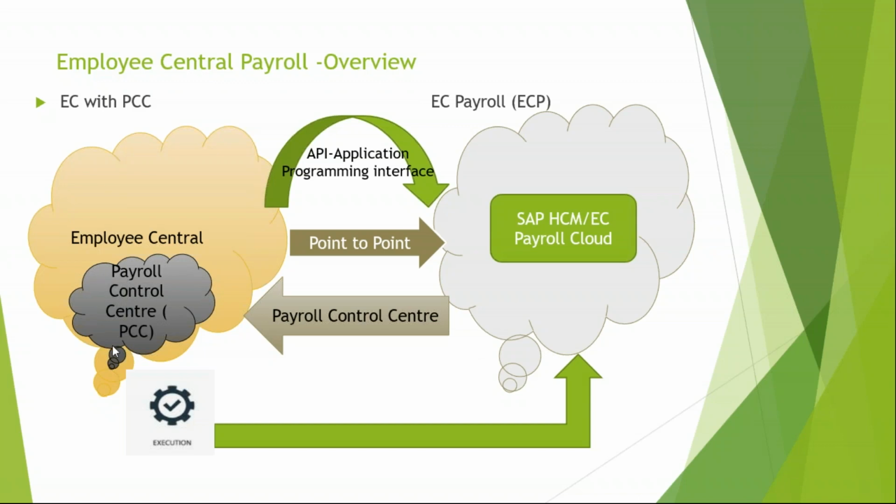When you press the button for execution simulation, payroll run, or the posting run, it will call the program from this place, execute it there, and the results will be stored in this place. So instead of executing in ECP, you are executing under EC, that is the payroll control center.